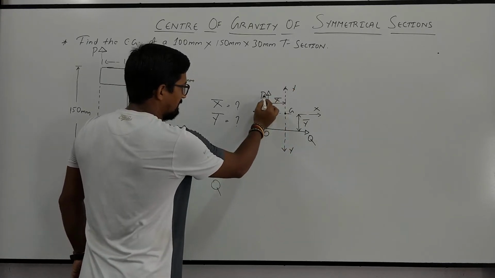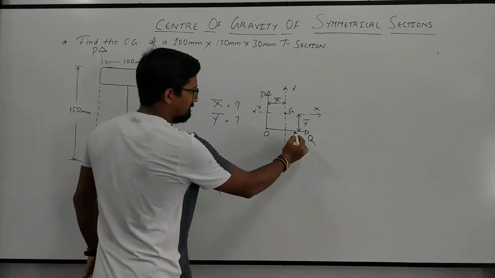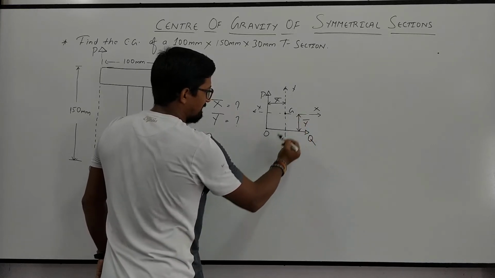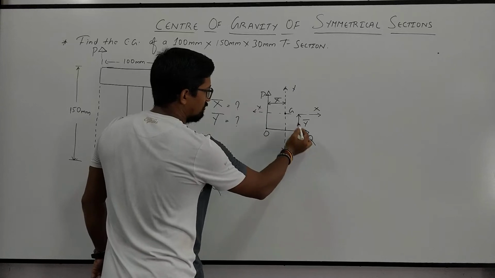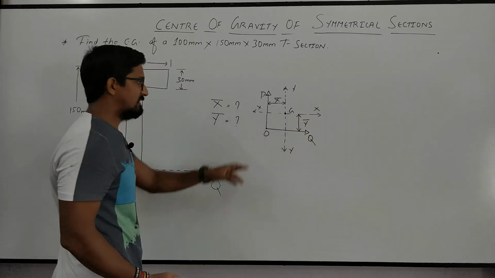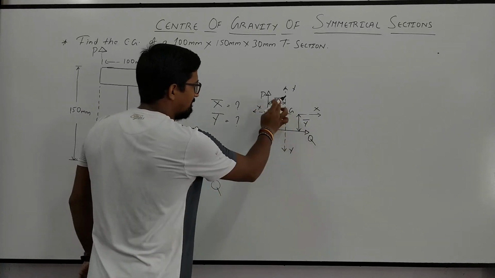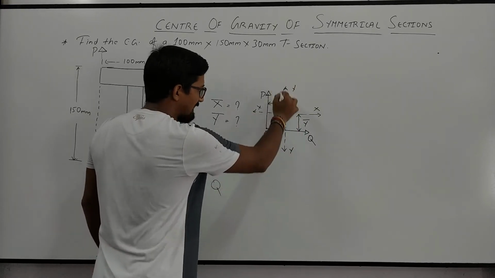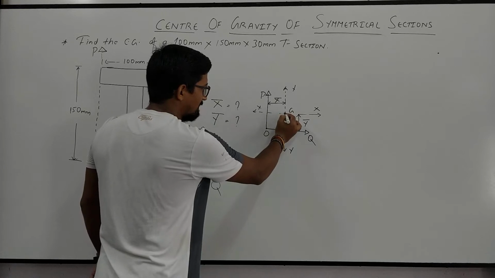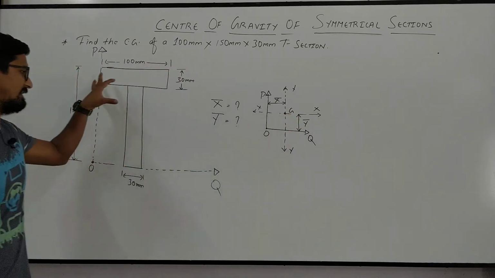By finding X bar and Y bar, we mean the horizontal distance of the YY axis from the reference axis OP, and the vertical distance Y bar from the horizontal axis OQ up to the XX axis. If we know the values of X bar and Y bar, we can draw the XX and the YY axis, and then we can locate the CG or center of gravity for this section.